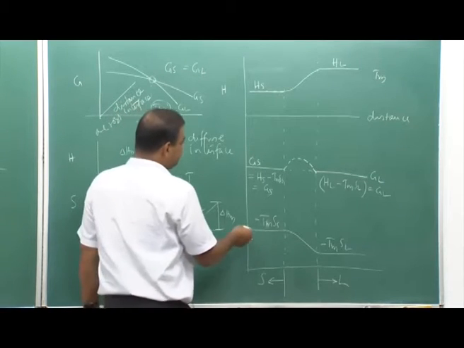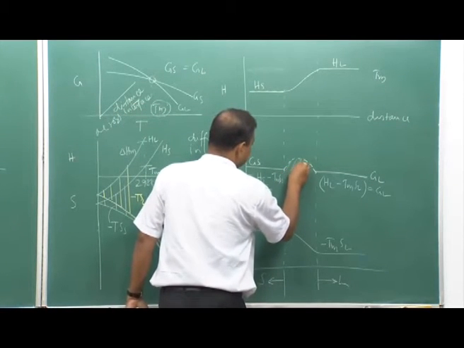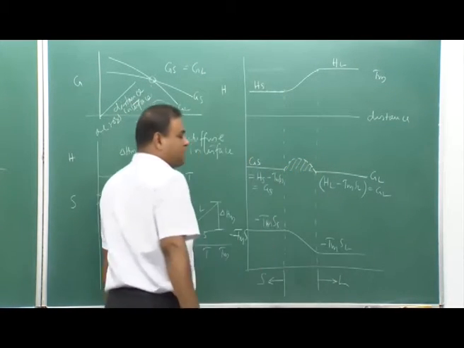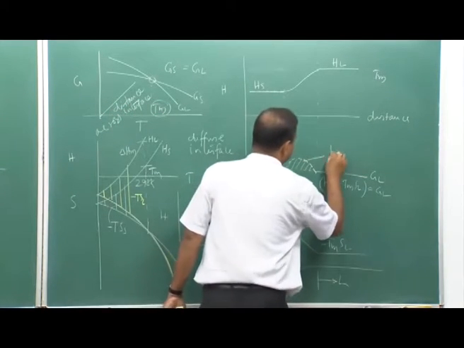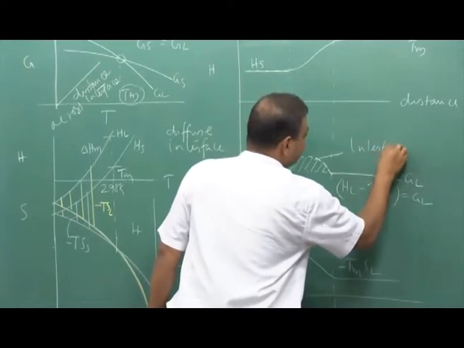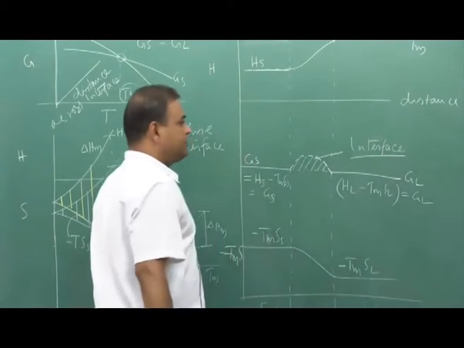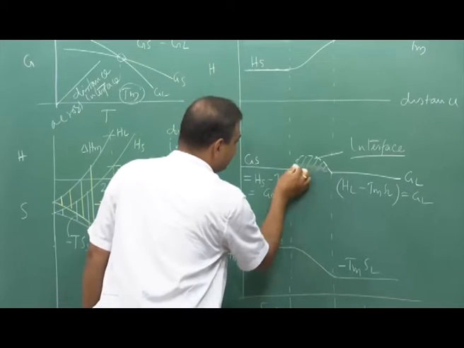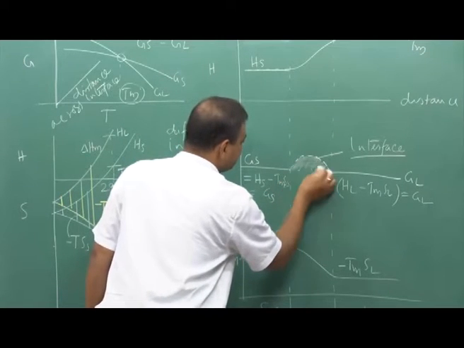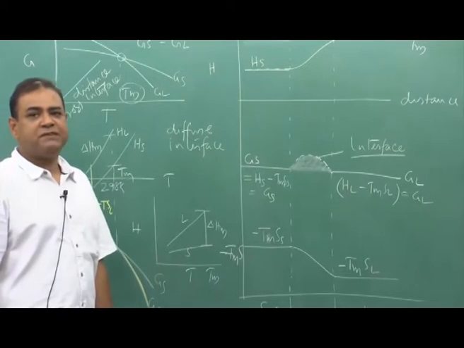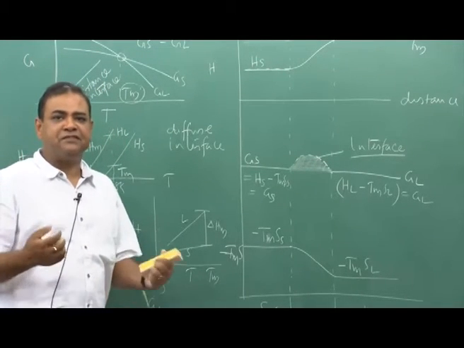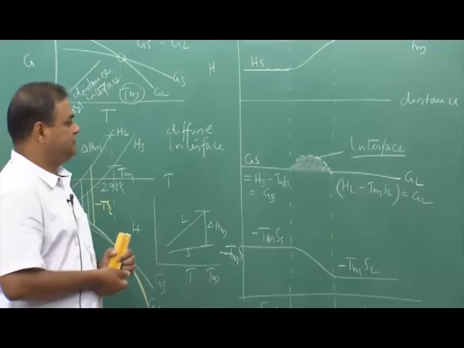This positive energy hump is coming due to the generation of the interface, and this particular region is giving a positive contribution if an interface is formed.